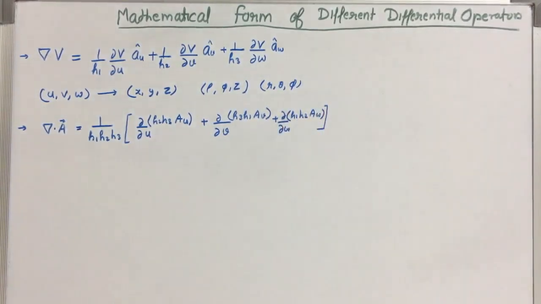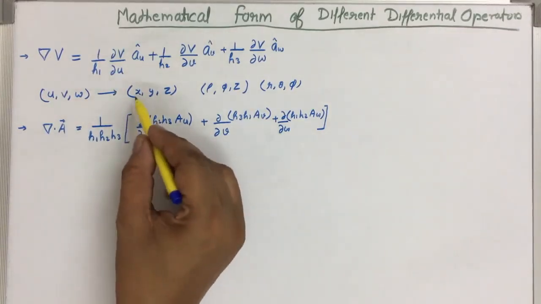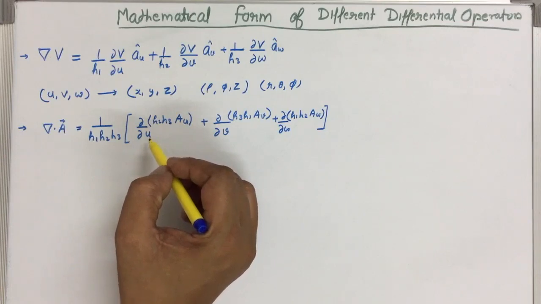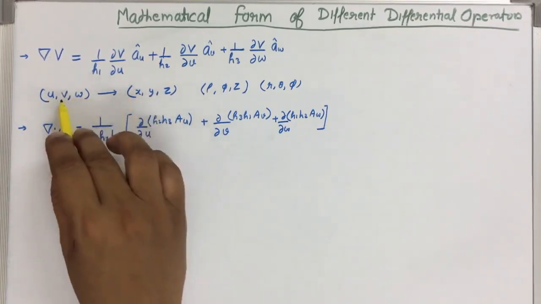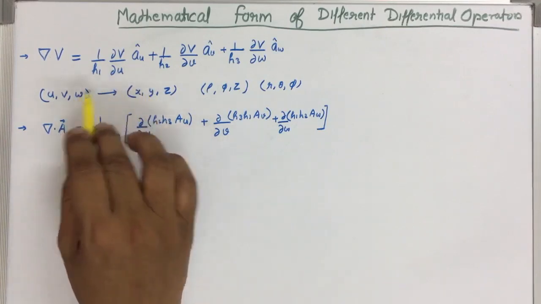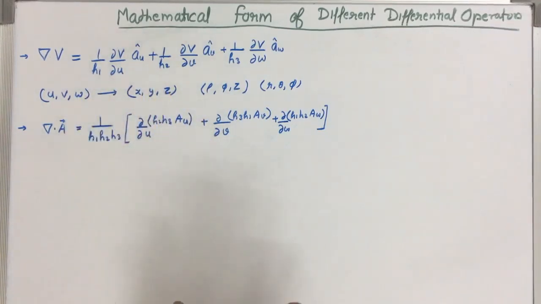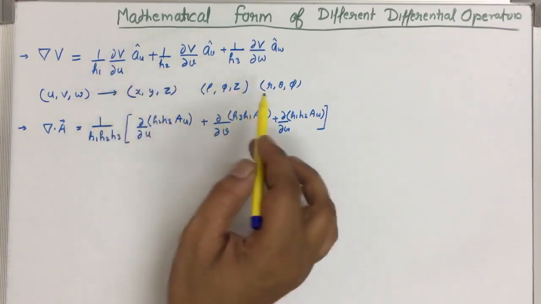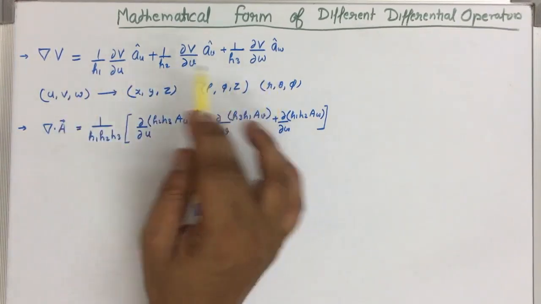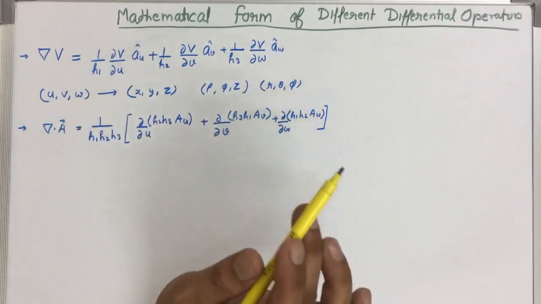Hope it is okay. So this is the generalized form. In rectangular coordinate system, you will put u as x, v as y, w as z. In spherical, u will be r, v will be theta, and w will be phi.